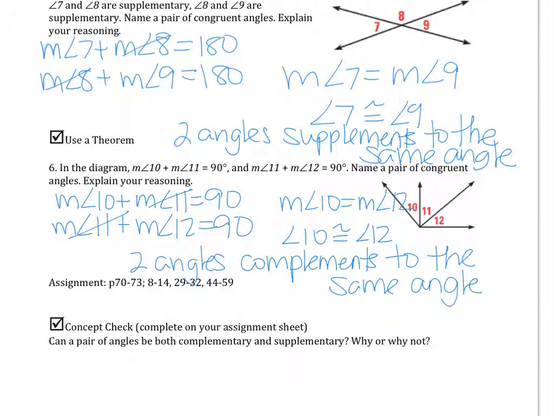So this follows the same with the supplementary theorem. You have measure of 10 plus a measure of 11 equals 90, and the measure of 11 plus the measure of 12 equals 90. So since they are both complements, 10 and 12 are both complements to 11, then they are congruent.